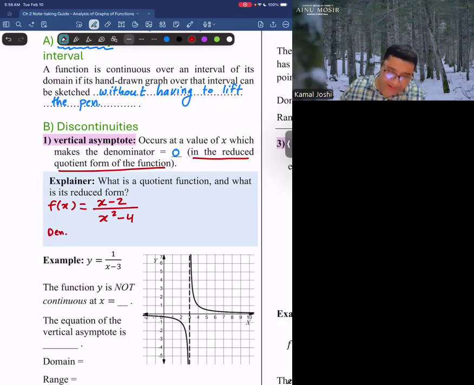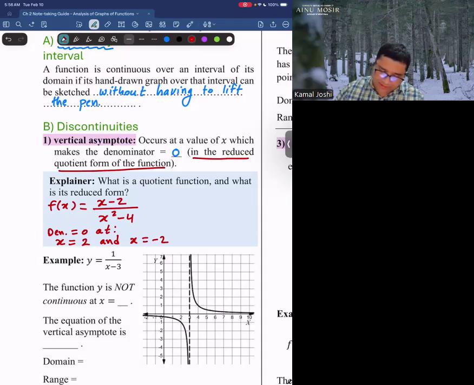I'll just write it in shortcut: denominator equal to 0 at two places. You get this equal to 0 at x equal to 2 and x equal to minus 2, right? Both at 2 and minus 2, the denominator becomes 0.